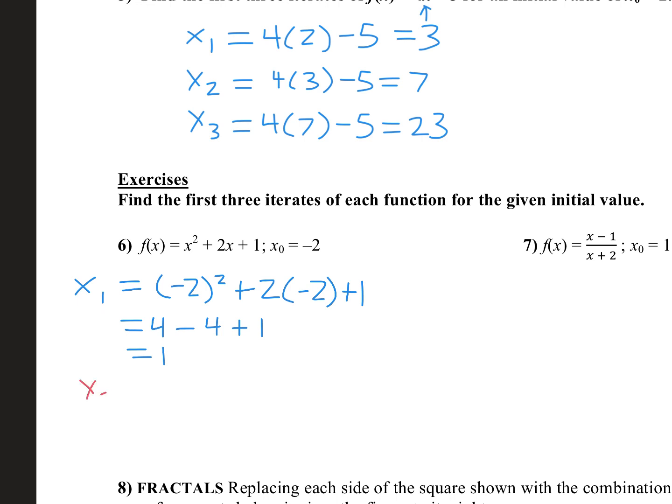To find x2, we take our last answer, which was 1, and we plug that in.